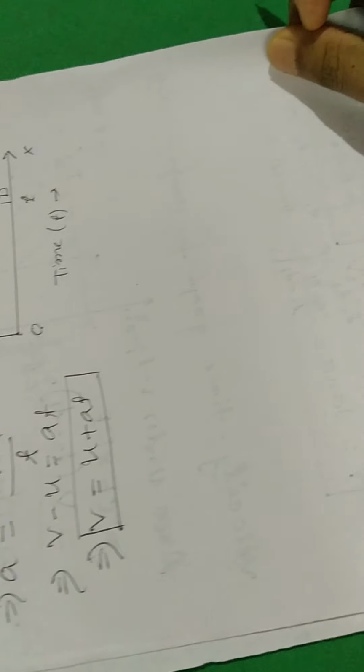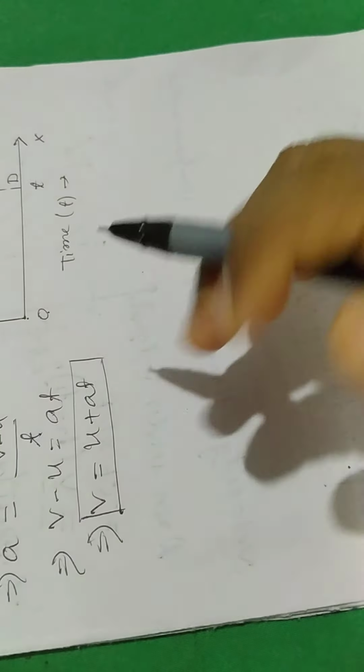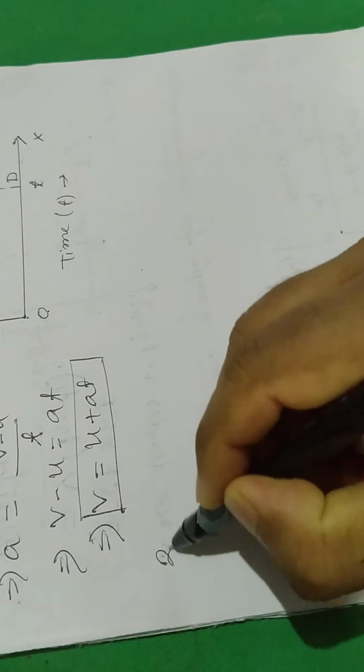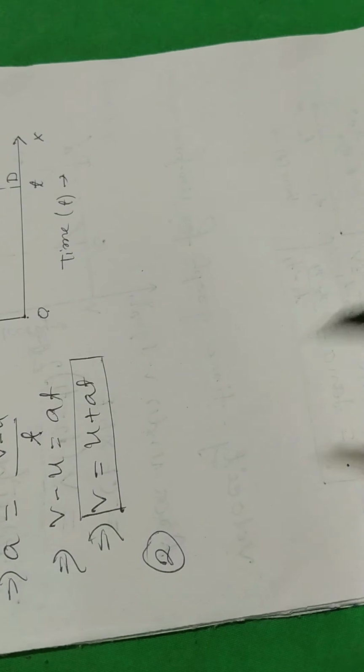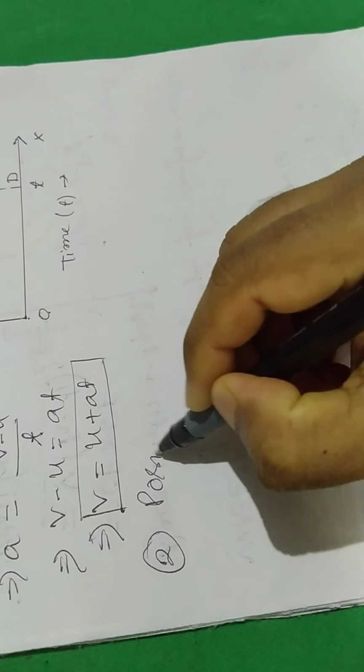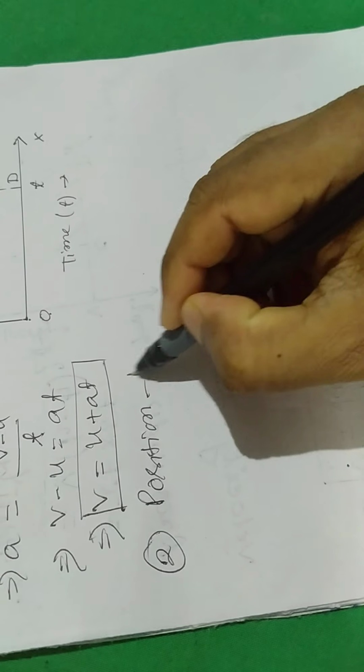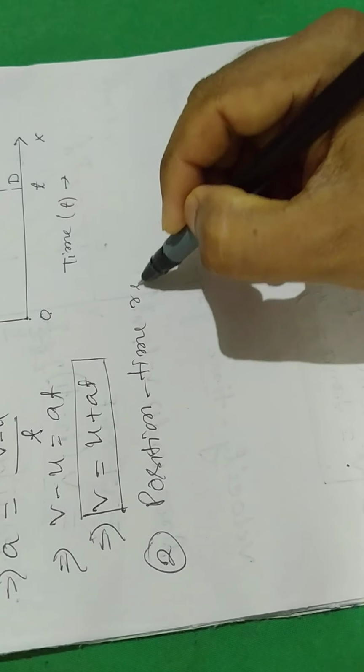Now number 2. There are three relations, so one is completed. Now number 2 will start: the position time relation.